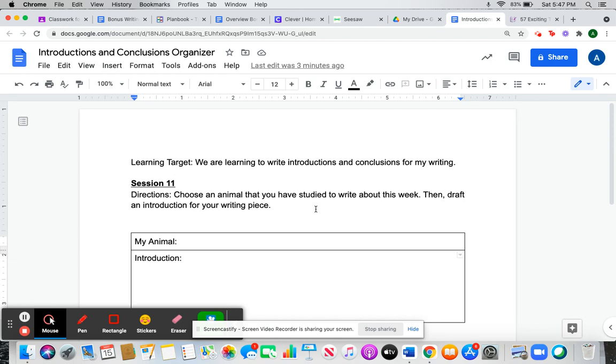Try to make it one you've already read and written about, so you don't have to totally start all over again. I am going to go with penguins. That's what I'm picking. Again, you can pick any animal that you've already studied.